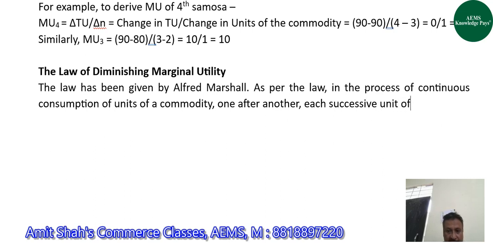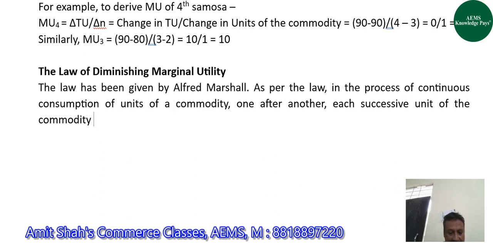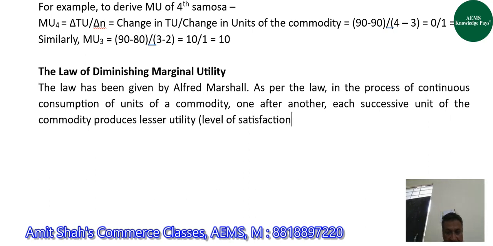Each successive unit of the commodity produces lesser utility, that is level of satisfaction, than any of the earlier units.